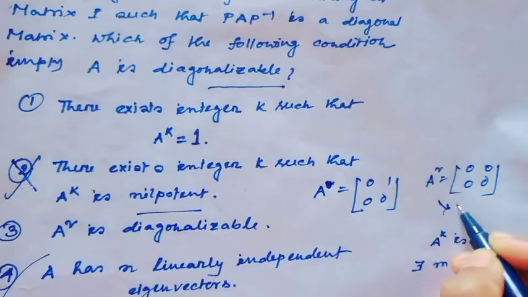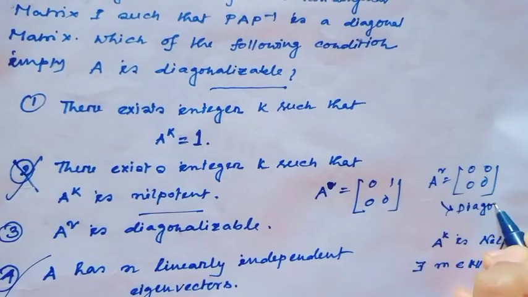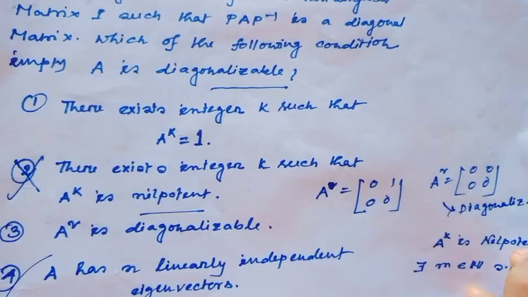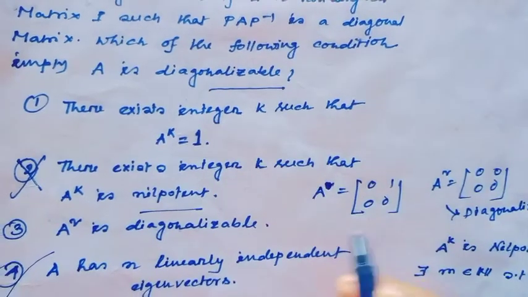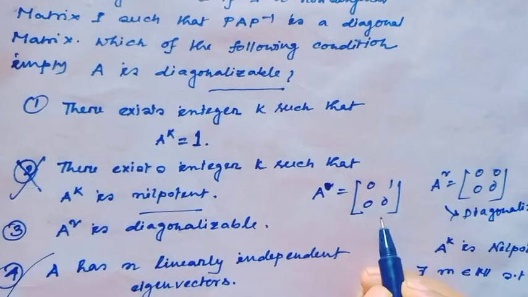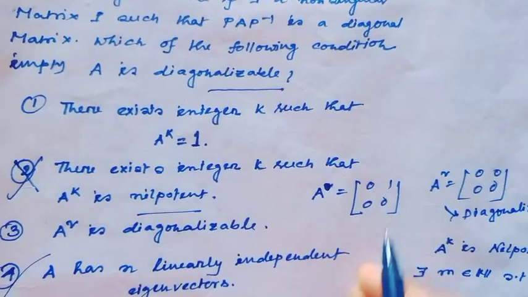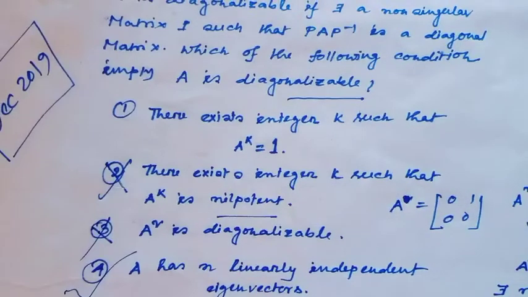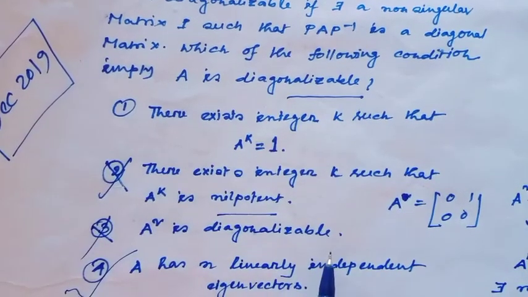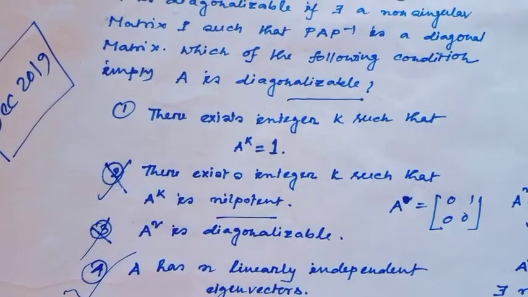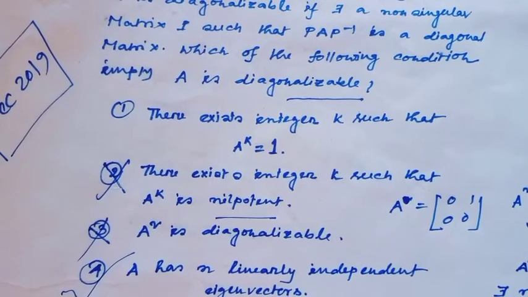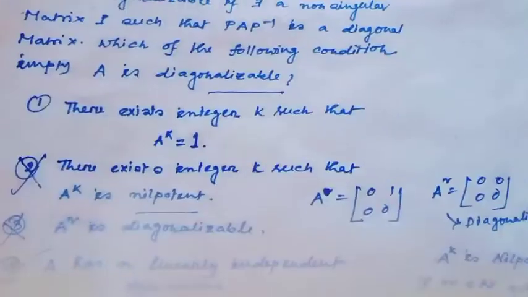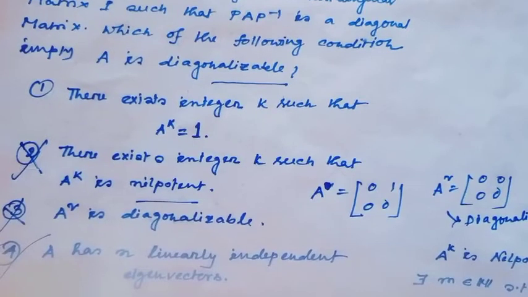So this matrix is diagonalizable. But A is a non-zero nilpotent matrix, so A is not diagonalizable. That means option 3 is also a wrong option. A squared being diagonalizable does not always imply the matrix A is diagonalizable. This type of question is a very conceptual question.